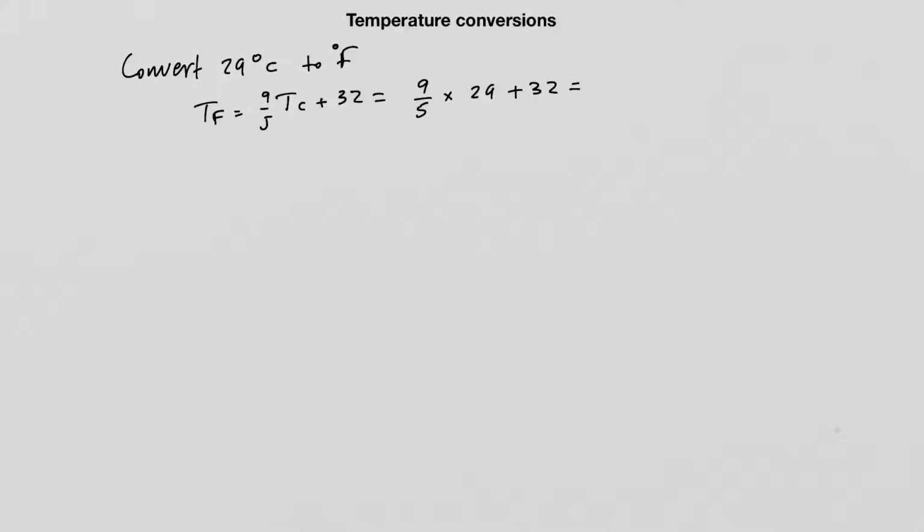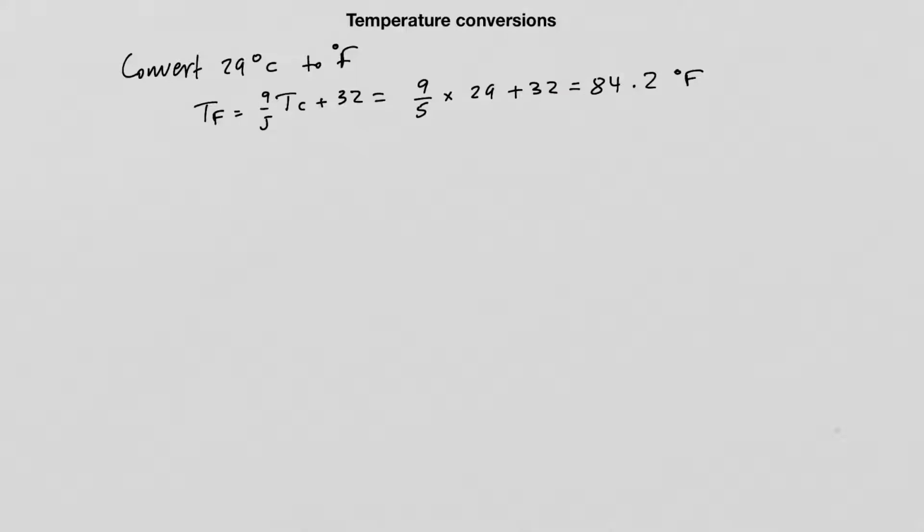That is equal to 84.2 degrees Fahrenheit. Notice that here it's important how the order of operation is executed. So first we multiply 29 by 9/5 and then we add 32 to the result.